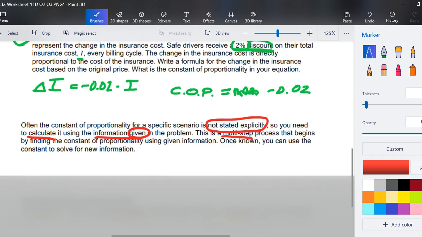This could be included in your glossary or flashcards because the several-step process needs to be set apart: we find the constant of proportionality using our given information, and then we go back and use our new constant to solve for new information.